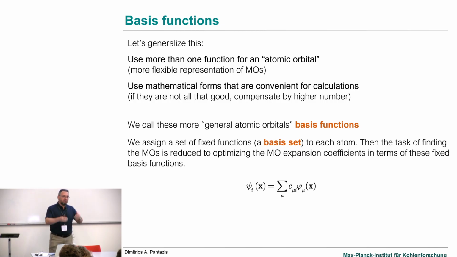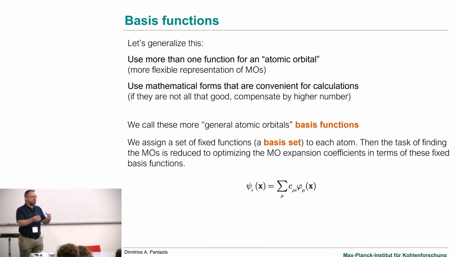So for the 2p orbitals of carbon, we will use more functions because we want a better representation. We want more flexibility. And the bigger the basis set is, which means the more different functions we use to represent an atomic orbital, the more flexibility we build into the molecular orbital representation, and therefore the better the wave function is supposed to be.